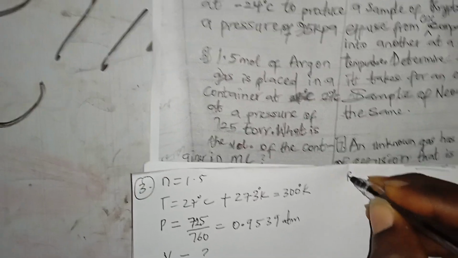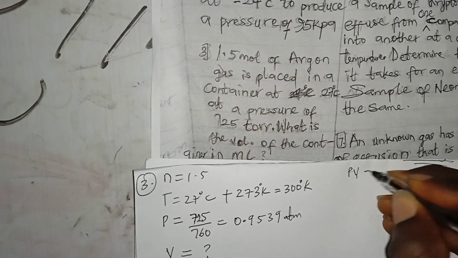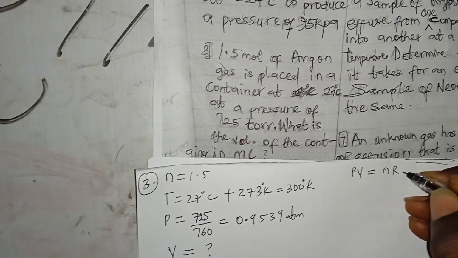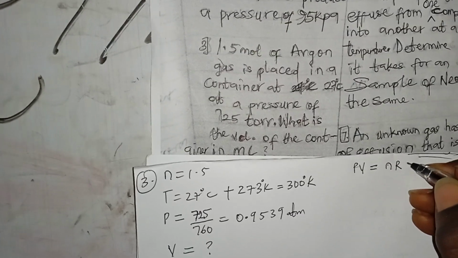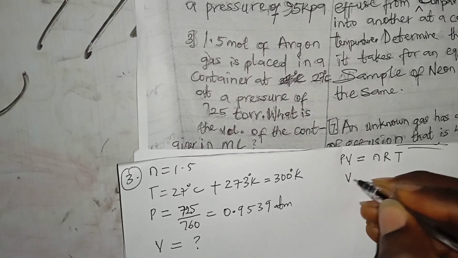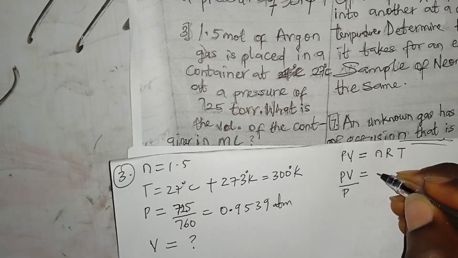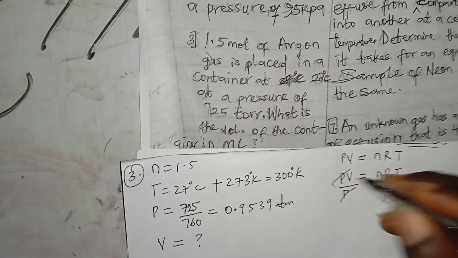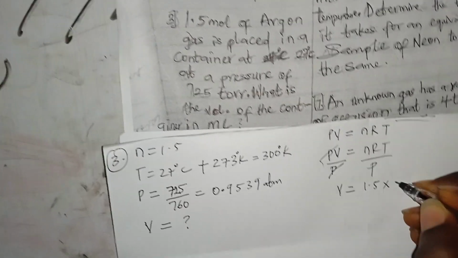We have P and we have N, we don't have V, then natural gas constant 0.0821 is a constant, it's always there. Then we have T. So making V the subject of the formula, we divide by the coefficient of V, which is P: V equals nRT over P.